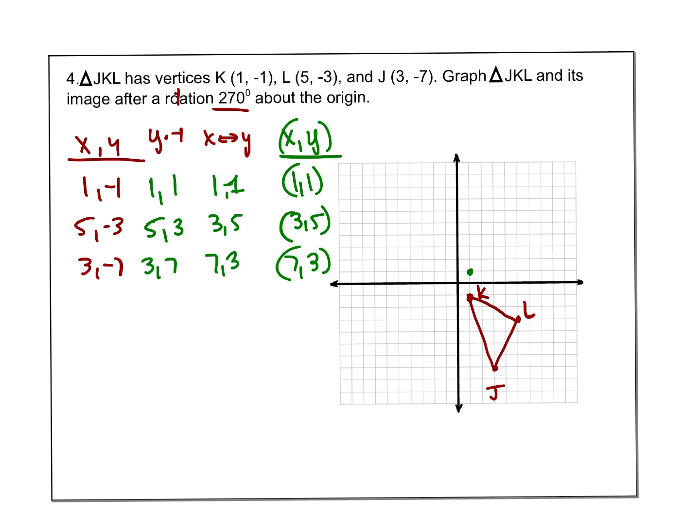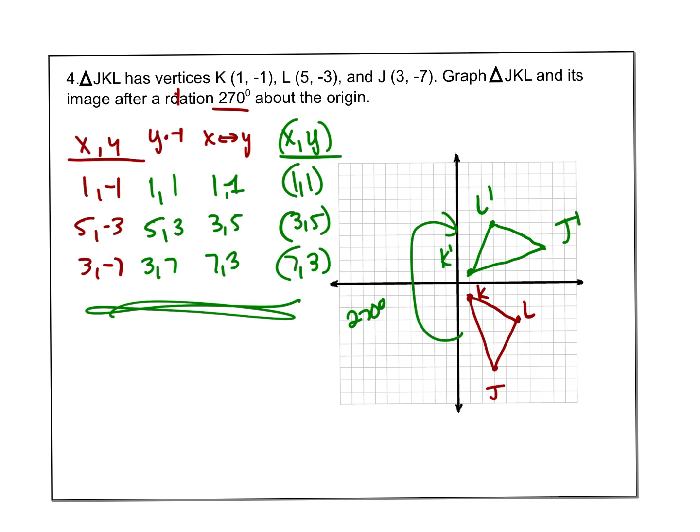So 1, 1 becomes the new K, K prime. 3, 5 becomes the new L, L prime. And 7, 3 becomes the new J. So if I put that together, that is my rotation, 270 degrees. That's it. And I encourage you to maybe set something up like this. I did this on the previous problem and this problem. It's very helpful to lay everything out and show all your work that way.